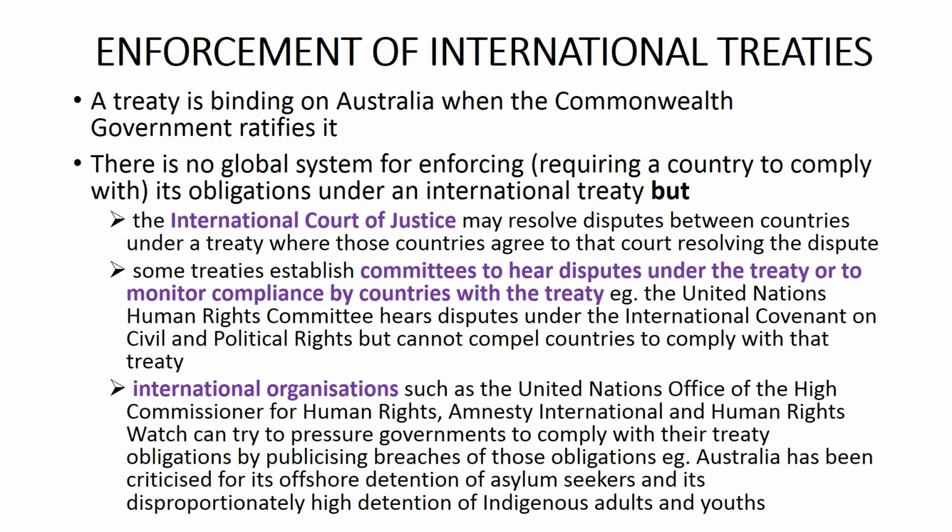To some degree, that has had some effect. So, for example, in the case of the detention of Indigenous people, the Australian government and also state governments have been looking at how to reduce the number of Indigenous people who are kept in detention.